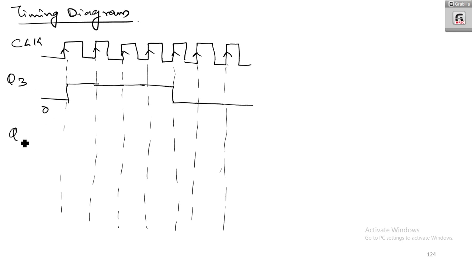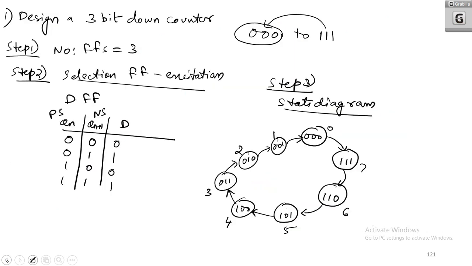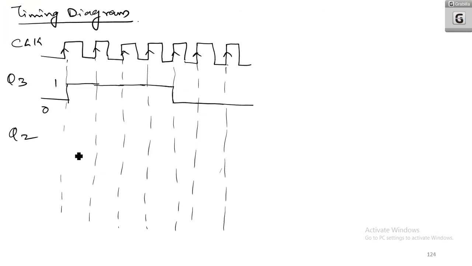Now what is Q2? So this is 1. Q2 you can draw like this. Q2 is 0, 1, 1, 0, 0, 1, 1, 0.